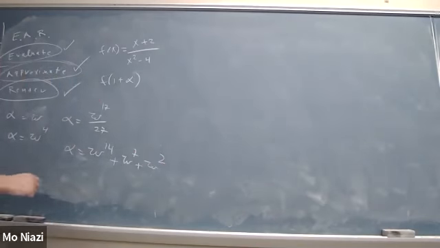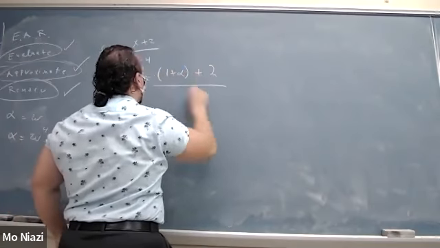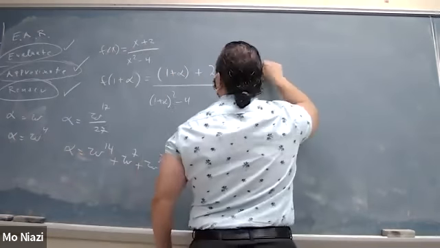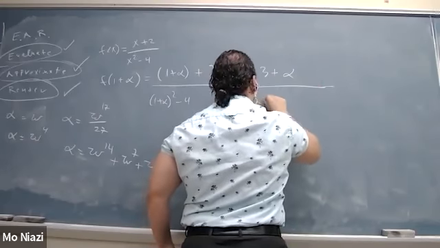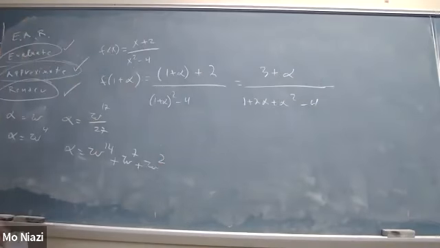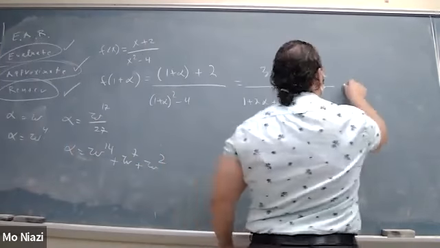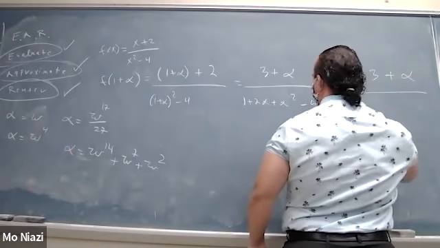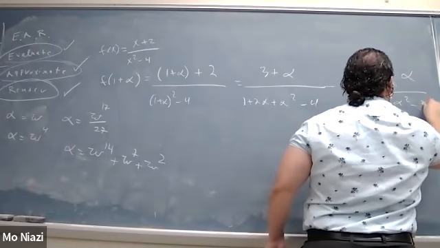So let's evaluate it. Okay. So then this combines to, divided by, this becomes a minus 3. So it becomes 2 alpha plus alpha squared minus 3.